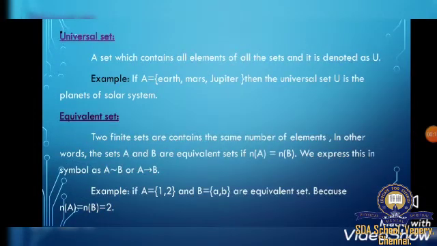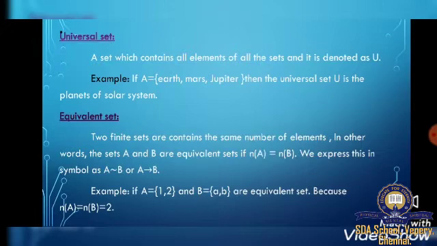Next we move on to the universal set. A set which contains all the elements of all the sets is denoted as U. If A is equal to {Earth, Mars, Jupiter}, then the universal set U is the planets of the solar system. Next we move on to equivalent sets. Two finite sets contain the same number of elements.